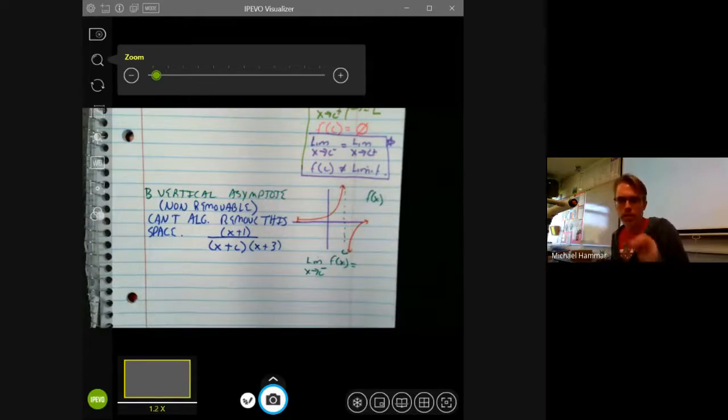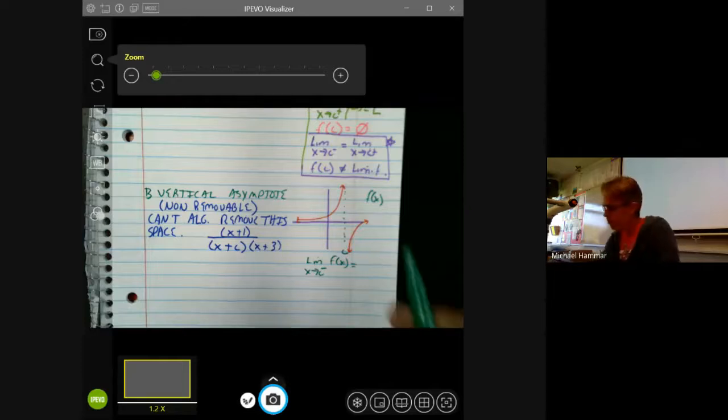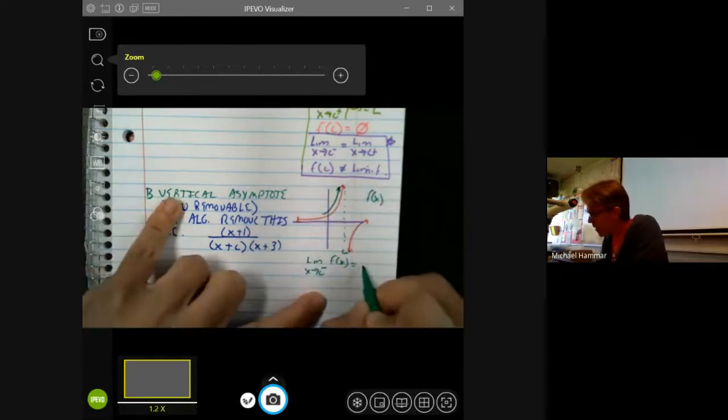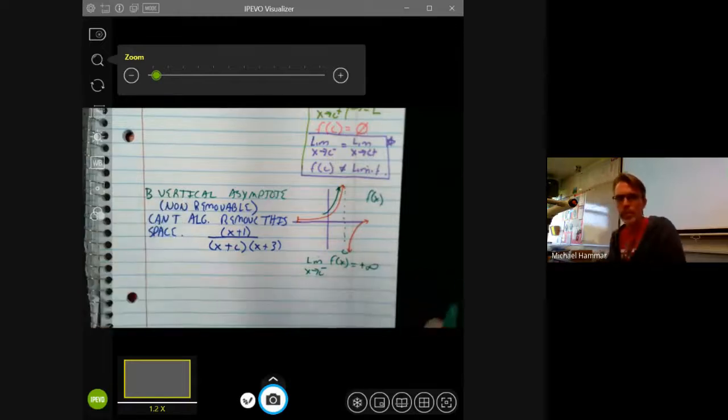Now, notice, there's always something that's true about asymptotes, okay? As you approach from the left, its value is either positive or negative infinity. That tells you that it is going to be an asymptote. It doesn't go to a value. It goes to either positive or negative infinity.